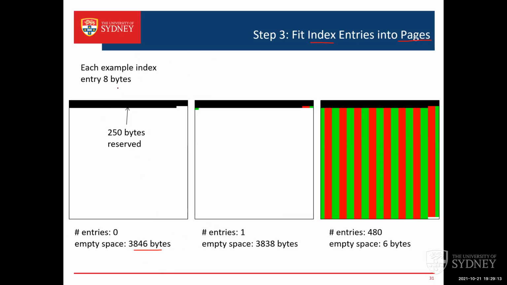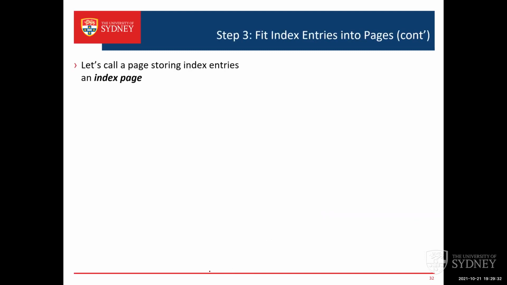Simply dividing, the same equation that we have calculated, right? So this many bytes per page divided by 8 bytes per index entry. So in a page, we can have 480 index entries. So how many pages do we need? That we can calculate from there. Hopefully this part is making sense so far.